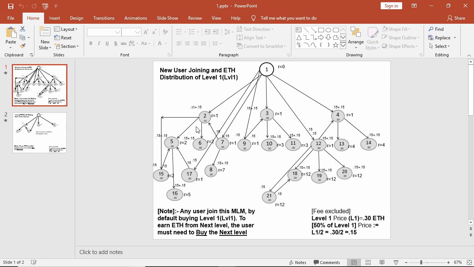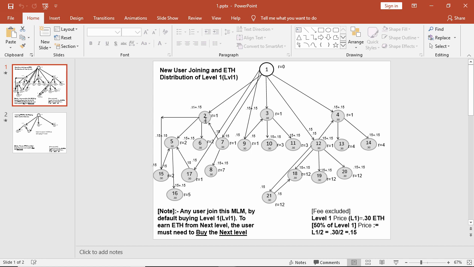Here you can see I showed already. User 2 already got 0.15, 0.15, 0.15 from users 5, 6, 7, as they are connected directly with user 2. That means if user 2 joins this game and has no ability to bring new users to this game, that doesn't matter.